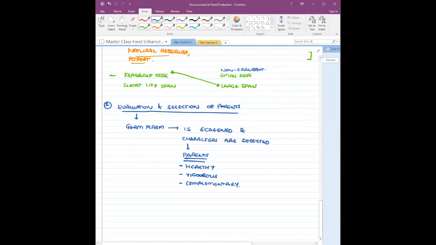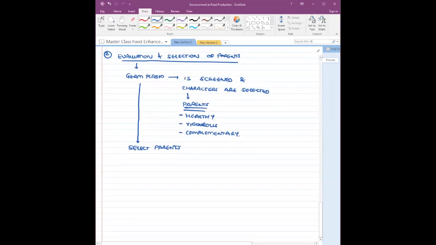But now guys, once you have selected and made up your parents, after screening you are going to select whatever your parents are. But now I need to know whether these parents are pure or not. In order to understand whether they are pure, the parents you have selected are going to undergo self pollination.